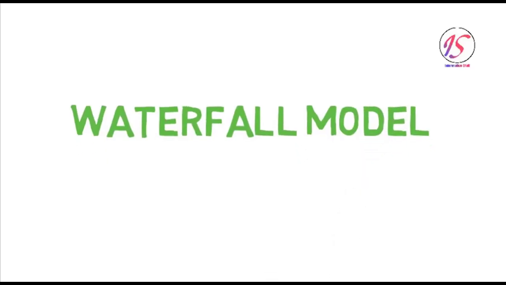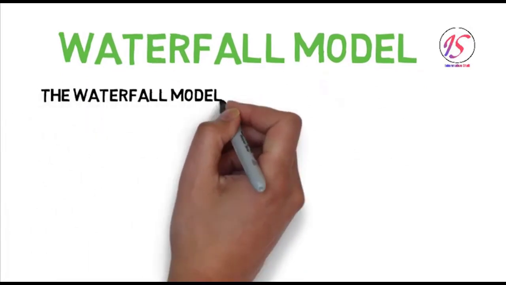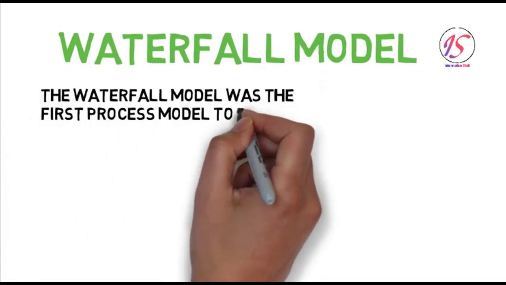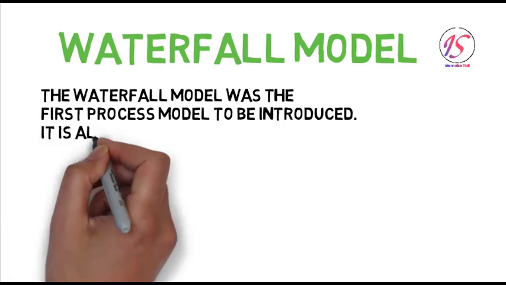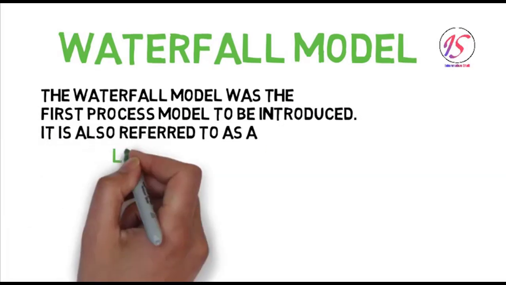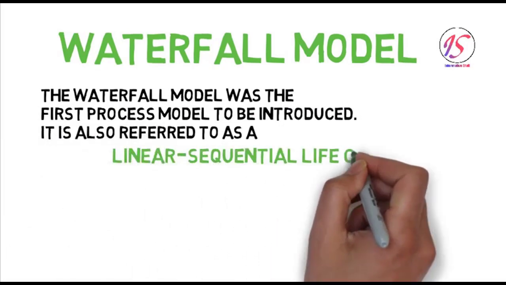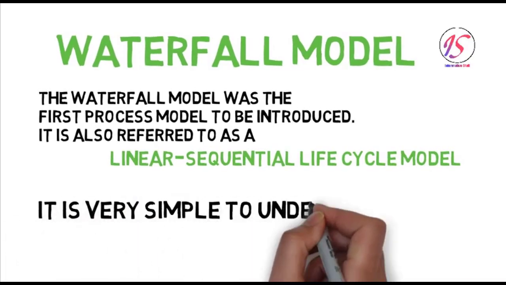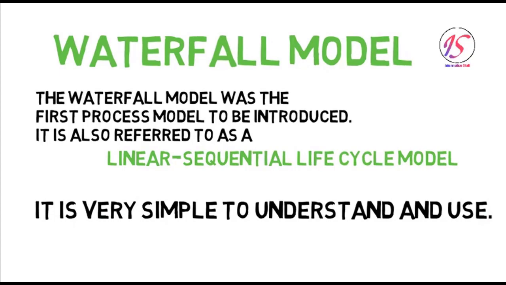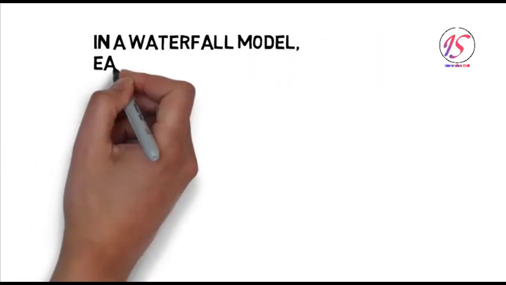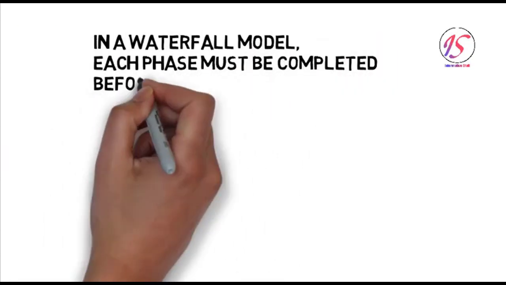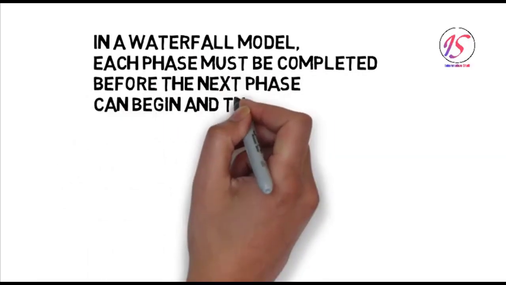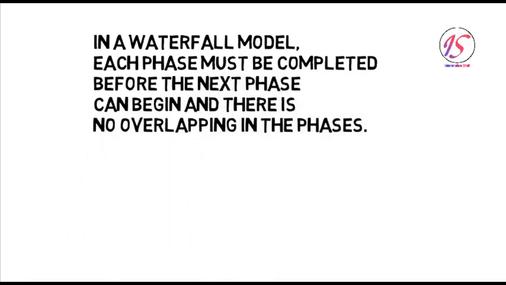The Waterfall Model. The Waterfall Model was the first process model to be introduced. It is also referred to as a linear sequential life cycle model. It is very simple to understand and use. In a waterfall model, each phase must be completed before the next phase can begin, and there is no overlapping in the phases.